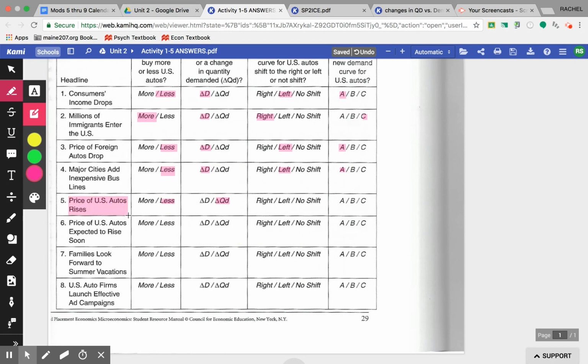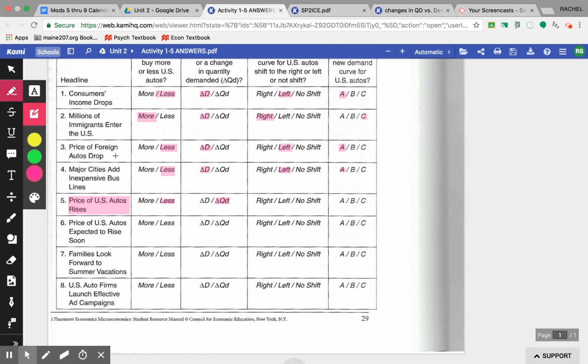So remember what we said, the difference between page 9 and page 10 was that movement along the curve has to do with price, whereas a shift has to do with that mnemonic device of SPICE. But now I know what you're thinking. We were talking about price up here, not the case. In number 3, we're talking about the price of foreign cars, which can be seen as a substitute.